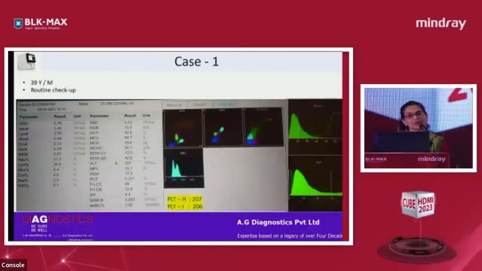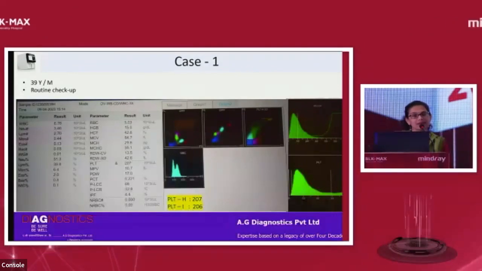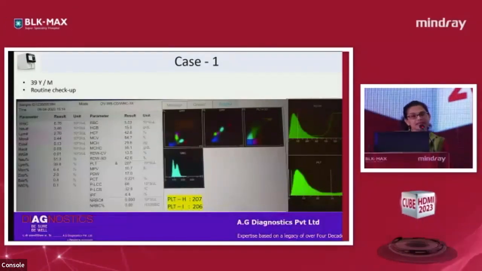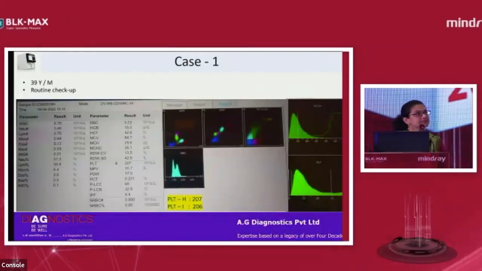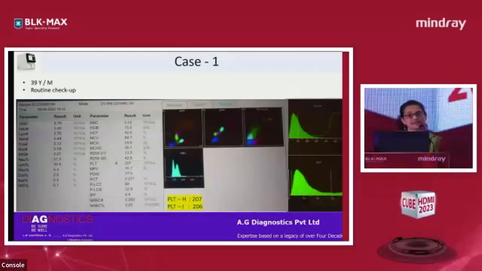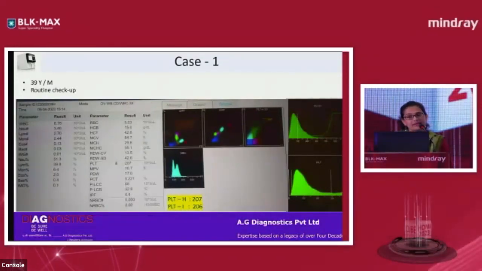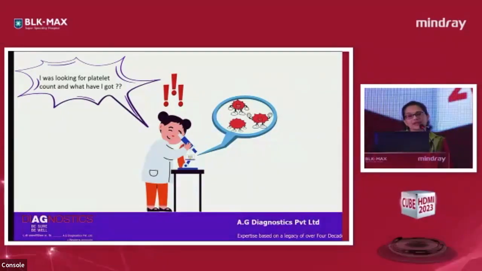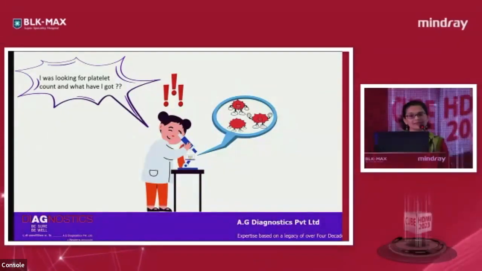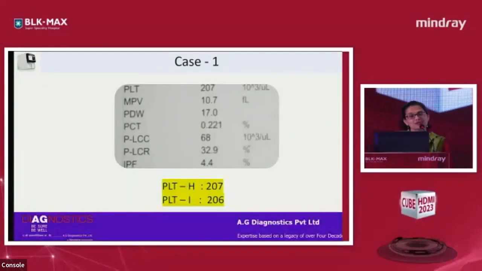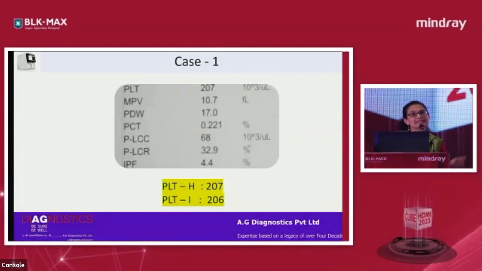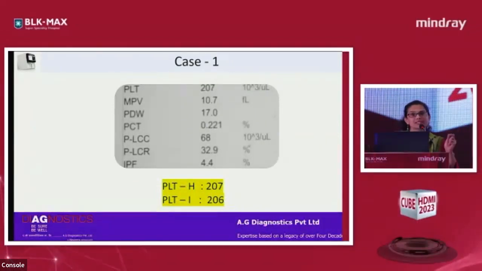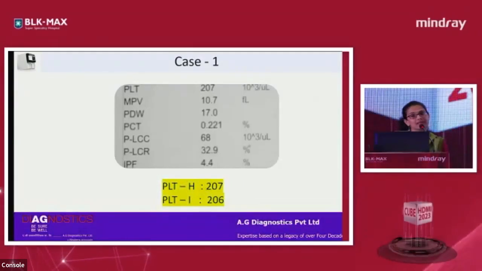So we ran a sample, a 39 year old male who had come for a routine checkup, on this BC700. And I was looking for a platelet count here, and what have I got? So in the WBC diff mode, which is called CD mode on this platform, we got all these results.